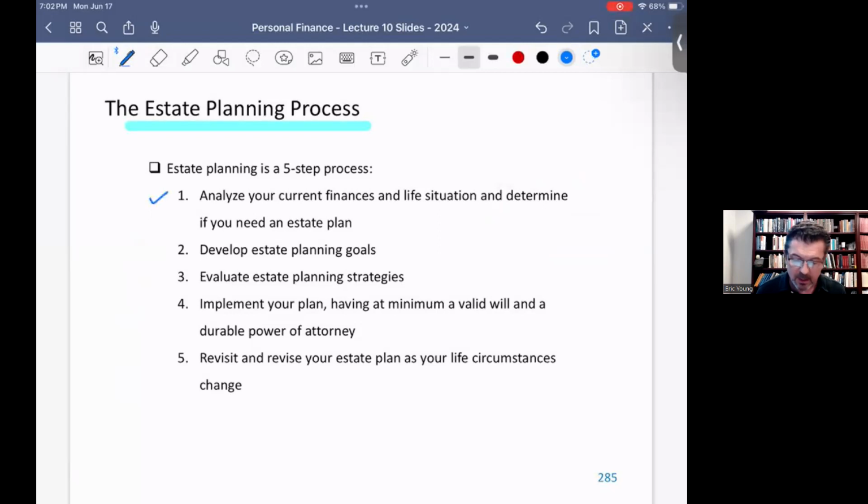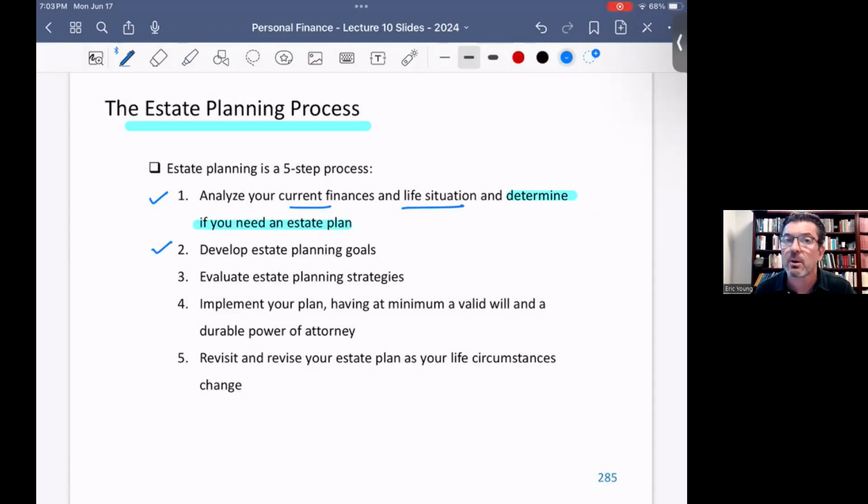Step 1, you're going to look at your current finances and your current life situation and determine if you need an estate plan, which you probably do, and critically, what kind you need. Number 2, you're going to develop estate planning goals.